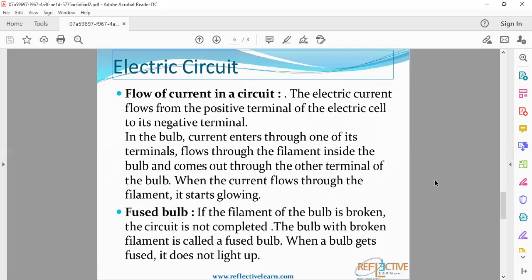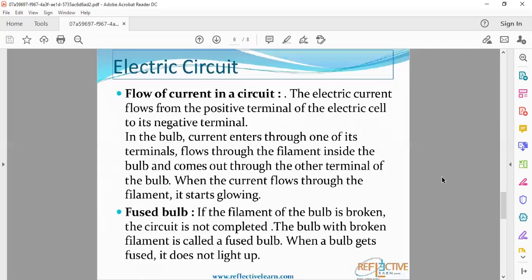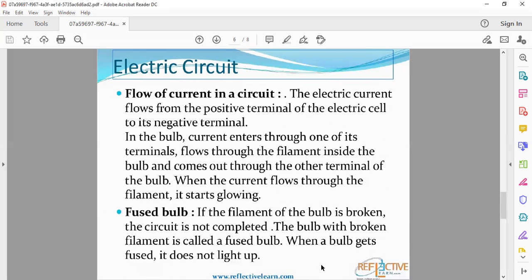Okay, children, so this is the concept of electric circuits. As we have discussed, there are two types of circuits, open and closed circuit. I hope the concept of electric circuit and the flow of current, from which terminal of the cell the current flows, is clear to you: current always flows from the positive to the negative terminal. Thank you.